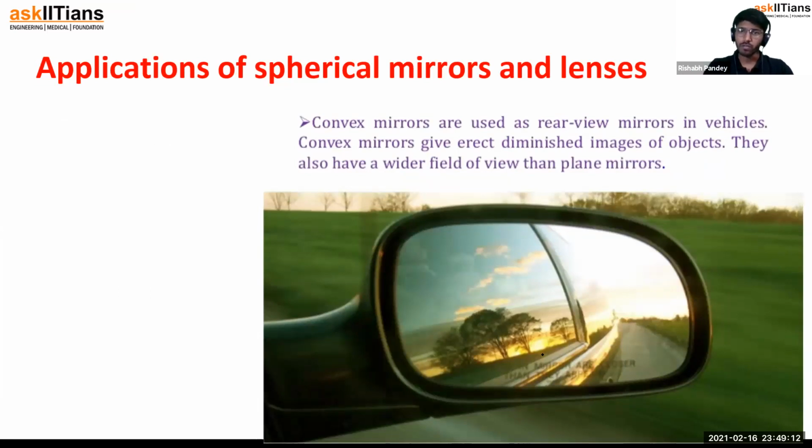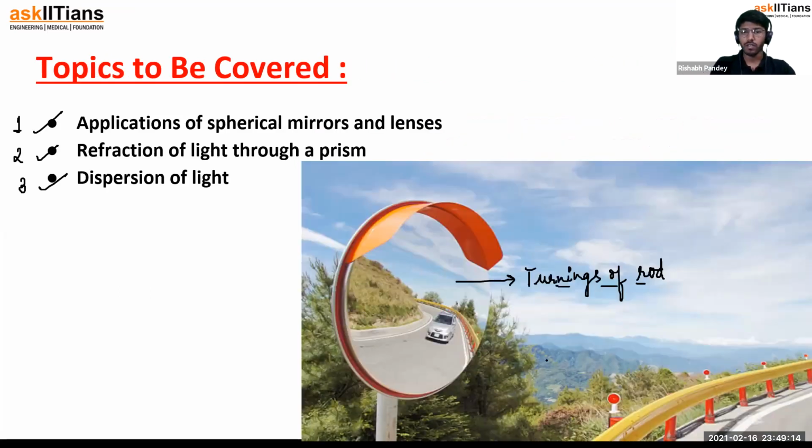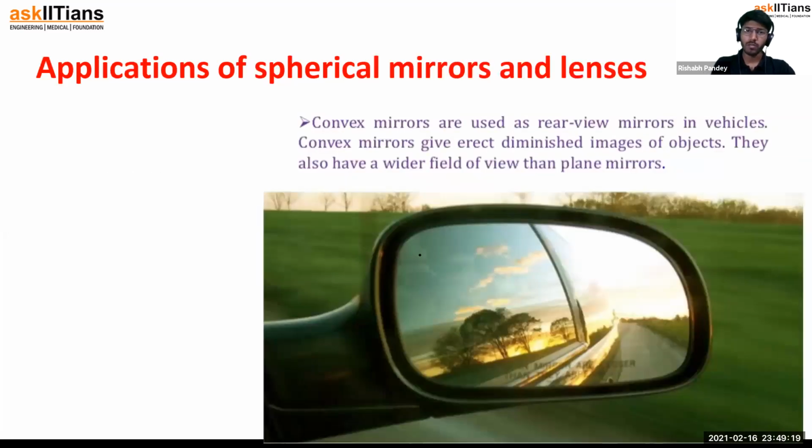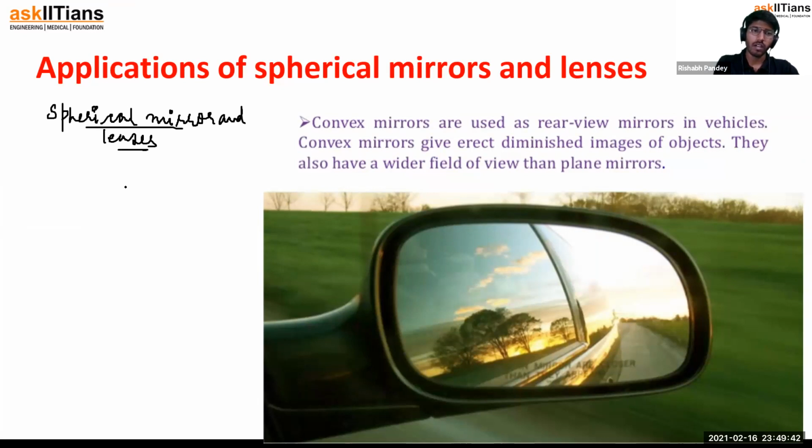So we are going to start with the application of spherical mirrors and lenses. Let's start with the mirrors first. Just to give you a brief snapshot of what we have covered before: there are two types of spherical mirrors and lenses.